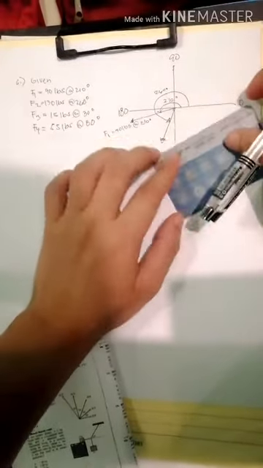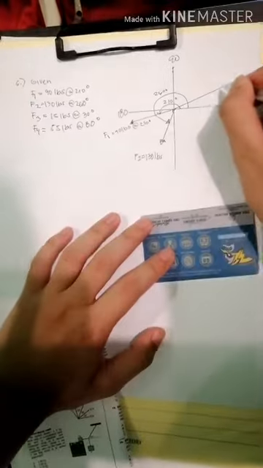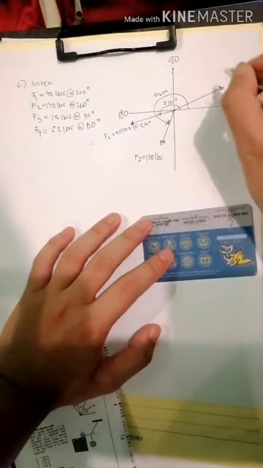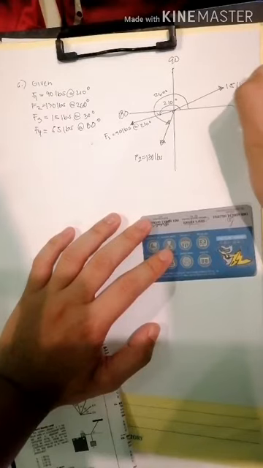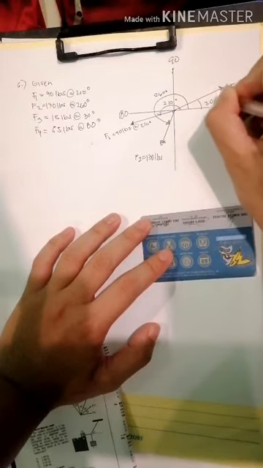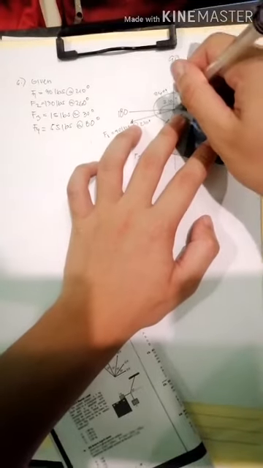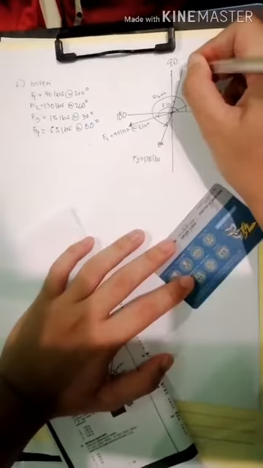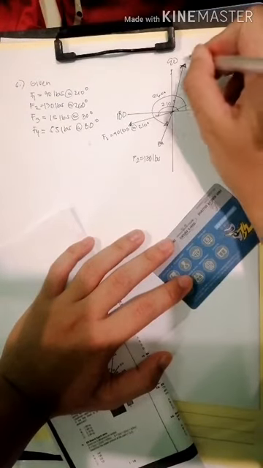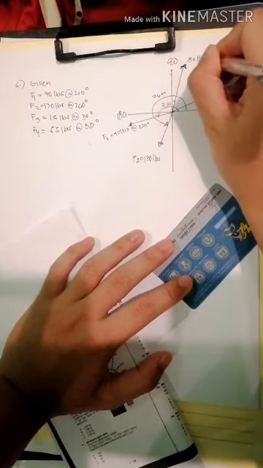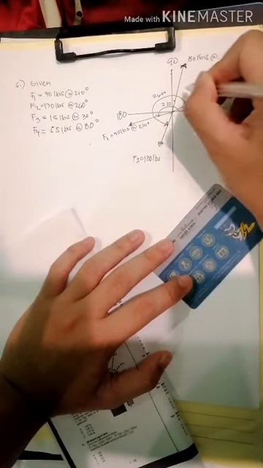Next is 15 pounds at 30 degrees. Next is 55 pounds at 80 degrees.